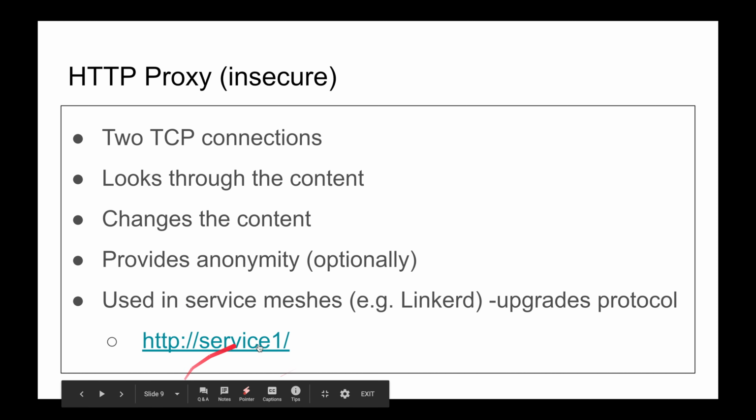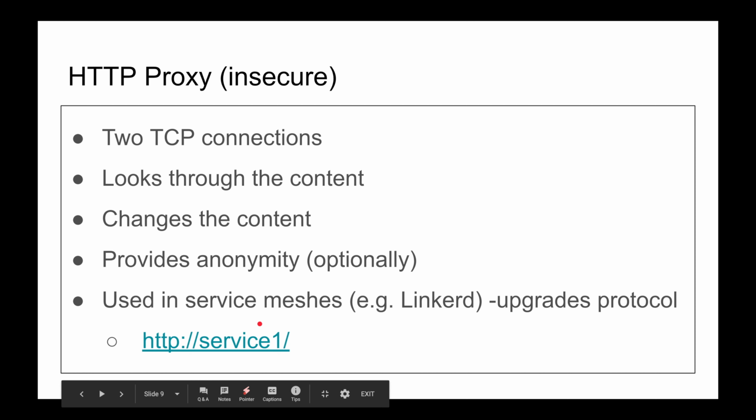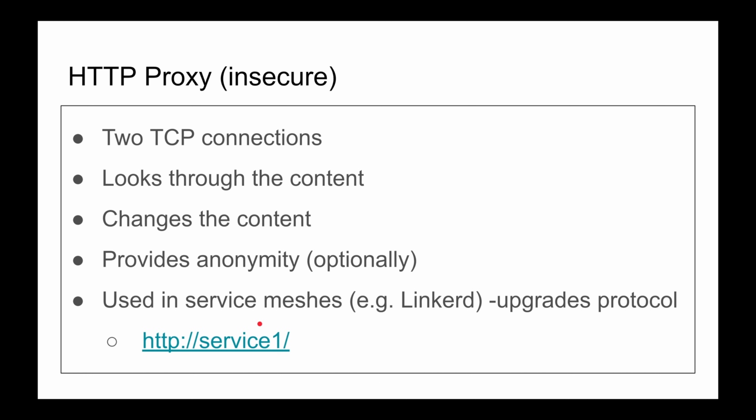The proxy looks at this and, based on that, it makes another request to another service, right? So this doesn't make sense if you request it like that, because service one doesn't exist in the outside world, but the proxy changes the content, and look at that, finds the service discovery, and then makes the request. And we're going to show some of that stuff coming up.